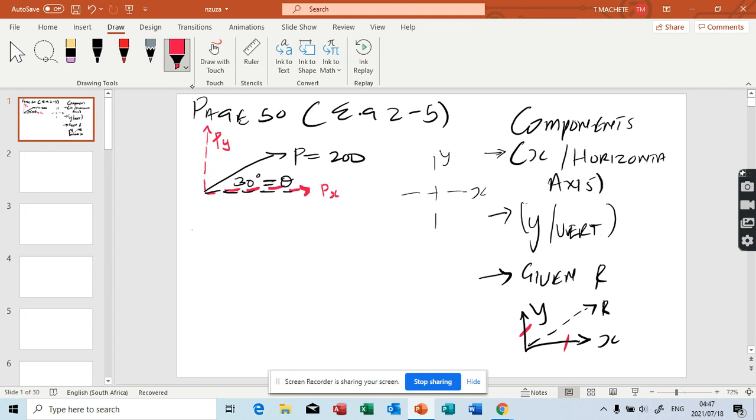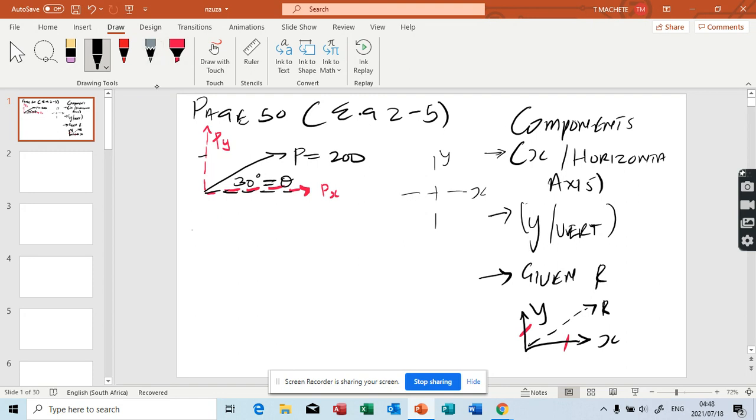Remember, to find the resultant, what were we using? SOHCAHTOA. As you can see, this is a right angle triangle. If you transfer this side, remember I said you must keep the x axis as a reference.